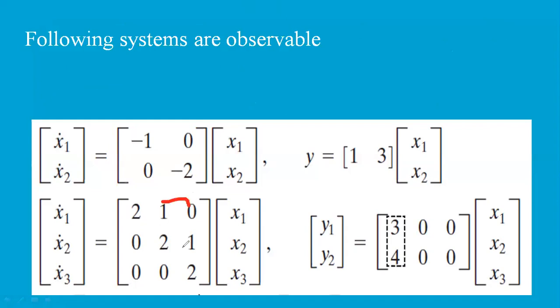This is the Jordan block, and this is the column corresponding to the first row of the Jordan block. Since it is a non-zero column, the system is observable.